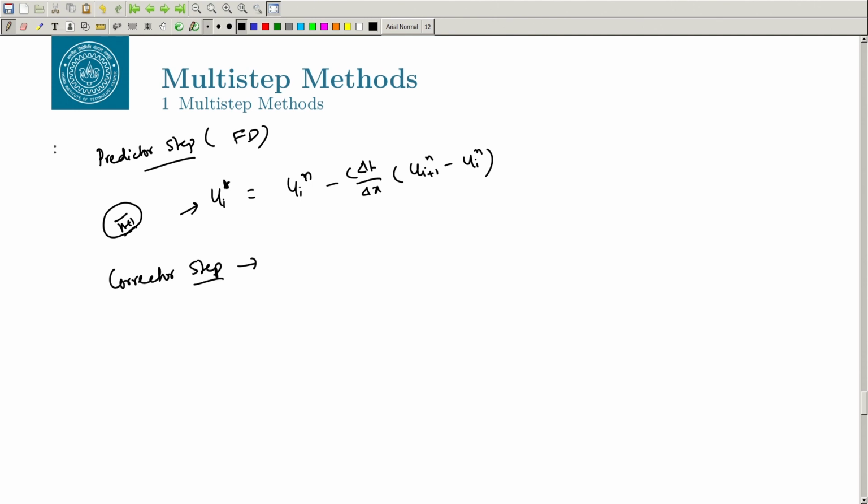The corrector has a step of delta t by 2, and this will be backward differencing.